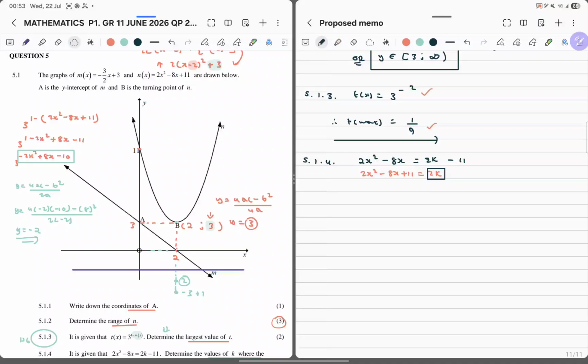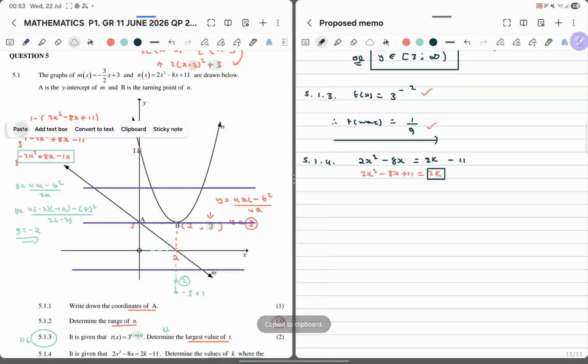So we can just copy, paste. We can have it here, perhaps touching this once. Copy and paste. We can have it cutting here somewhere. Copy and paste. This one is the easiest to do.